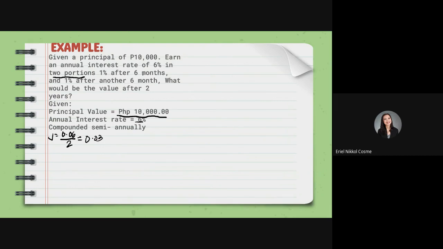Now, let us have first the first 6 months. So for the first 6 months, half of the year is equal to 10,000, which is your principal value, multiplying by 1 plus 0.03.